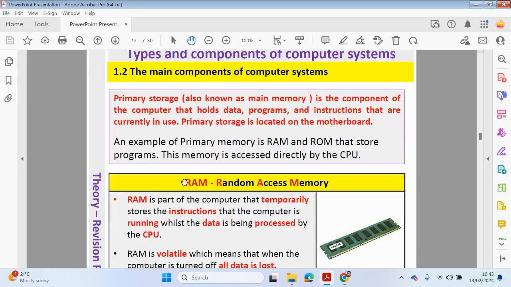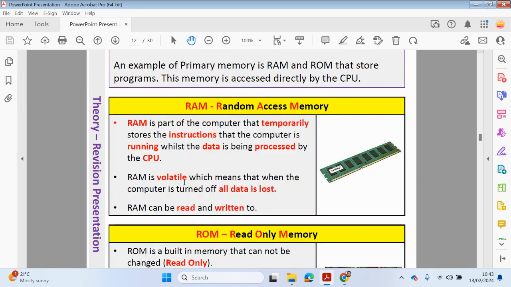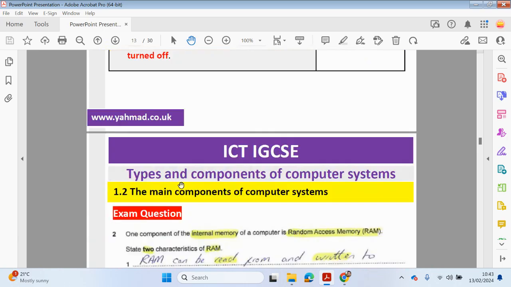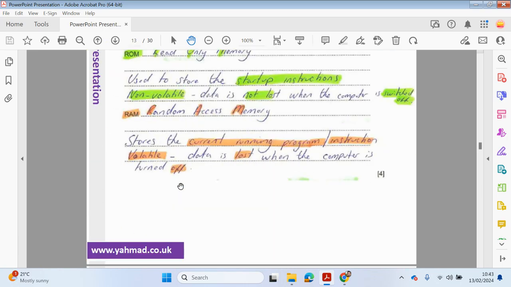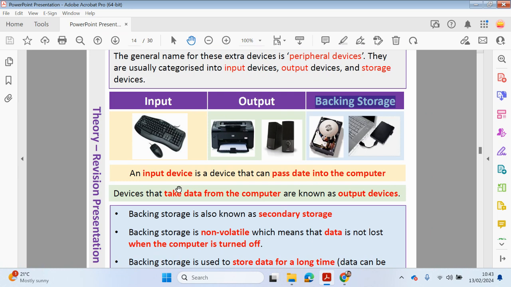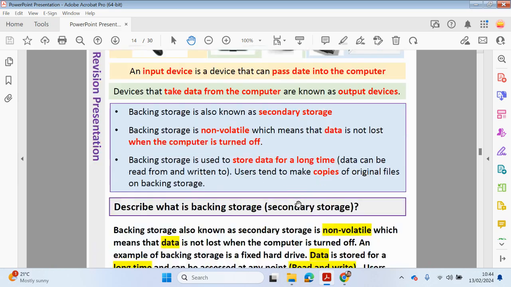Okay, and then we had a look at two different types of memory: random access memory and read-only memory, and some typical exam questions. And finally, we had a look at backing storage. Backing storage is like your hard drive, also known as secondary storage. And this is when we need to store files for a long period of time so we can access them at any point, even if we turn the computer on and off many times.